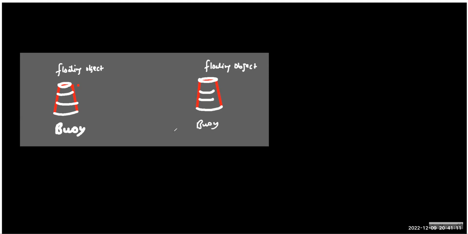It acts as a milestone, some sort of idea that you're close to the shore. Every big cruise which comes to any port does not cross a certain region, because if they come very close to the shore, it will sink because the water level is less. So they remain very far away from the shore, and then a small boat will come closer to the shore. The big cruise will be really far away, and they make sure that there is sufficient depth of water to hold the cruise.